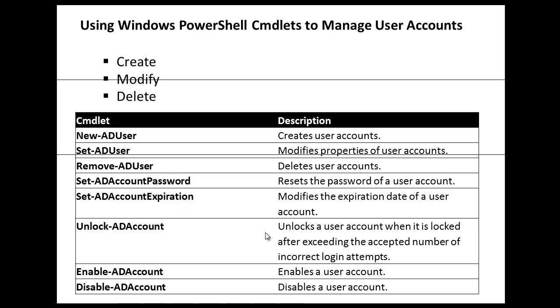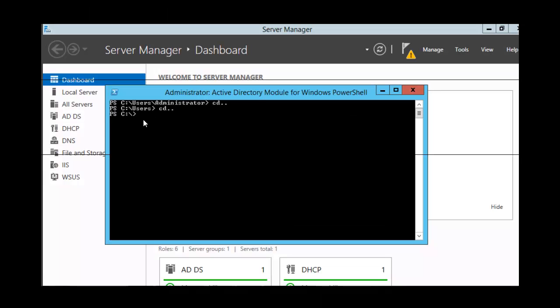To unlock a user account when it is locked after exceeding the accepted number of incorrect login attempts, you use Unlock-ADAccount. To enable a user account, we use Enable-ADAccount, and to disable a user account, we can use Disable-ADAccount, which is what I want.